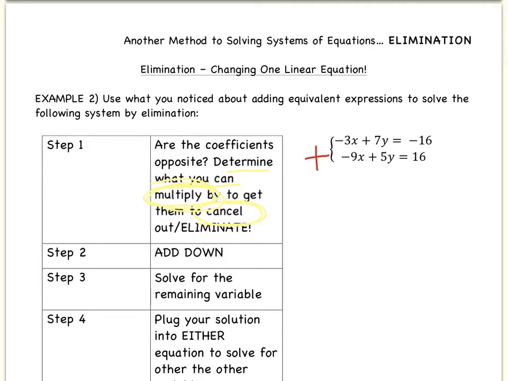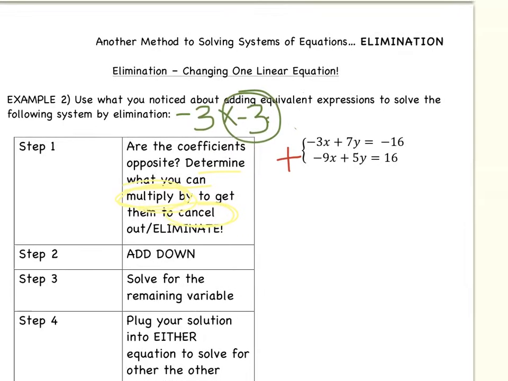If I multiply negative 3 times negative 3, it would give us a positive 9x. And then a positive 9x and negative 9x would cancel. So I'm going to multiply this entire equation on top by negative 3. So watch how I do that.